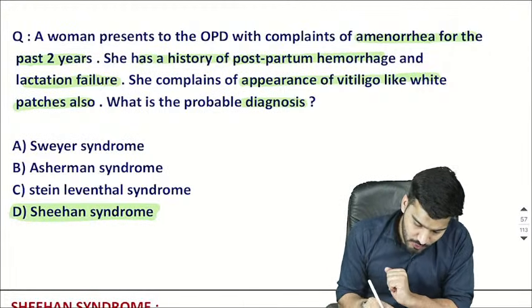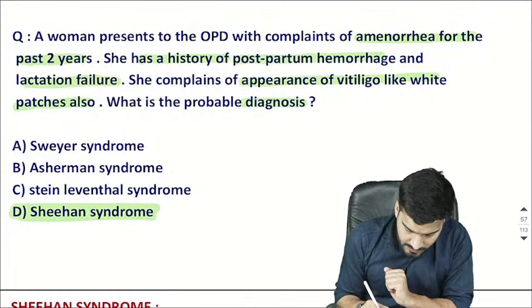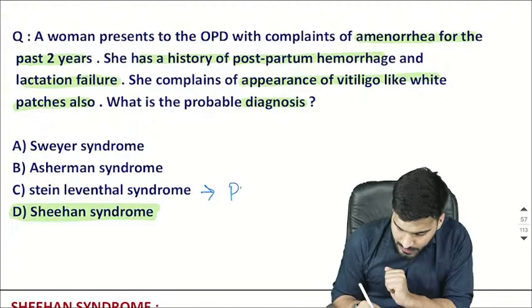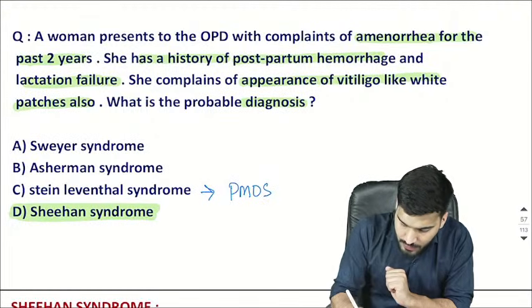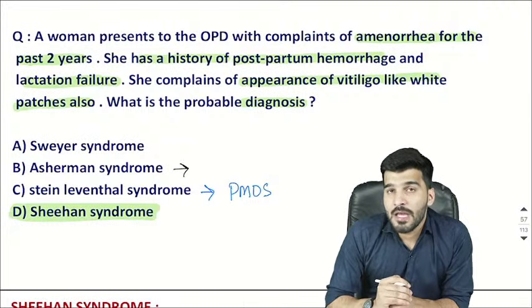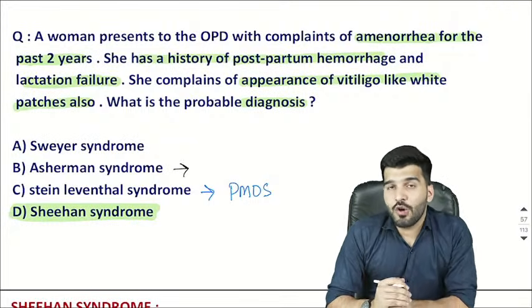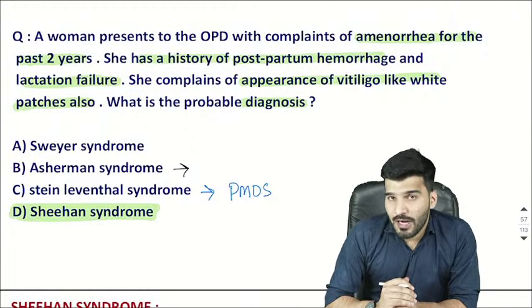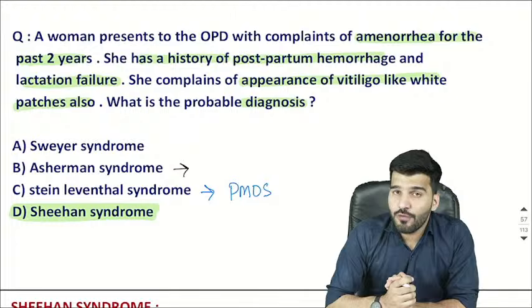Now, if I talk about the other syndromes, Stein-Leventhal syndrome is another name for PCOS, or what you call polyendocrine metabolic ovarian syndrome. Asherman syndrome question will come with a classical history of an abortion or a myomectomy or a secondary postpartum hemorrhage, because in all these conditions we go for a curettage.